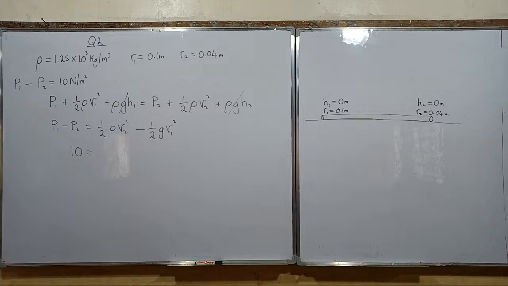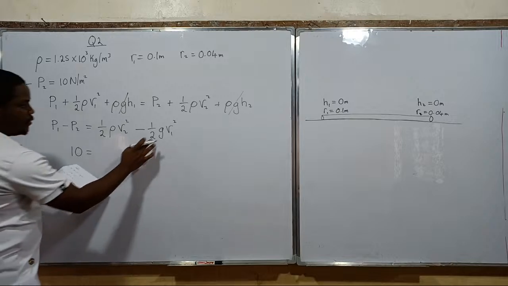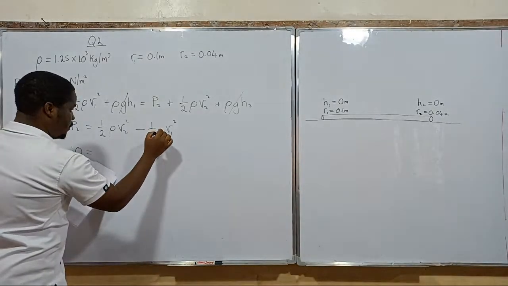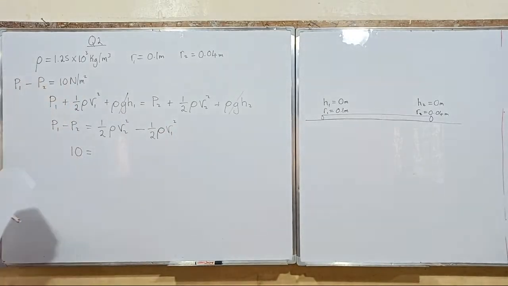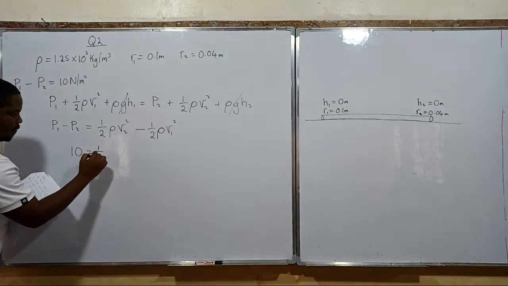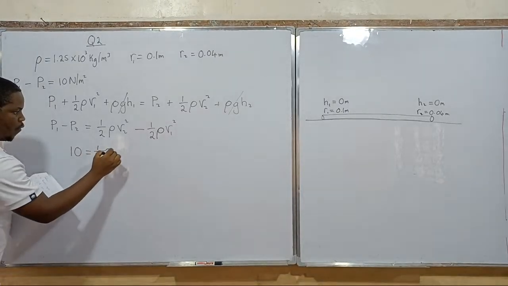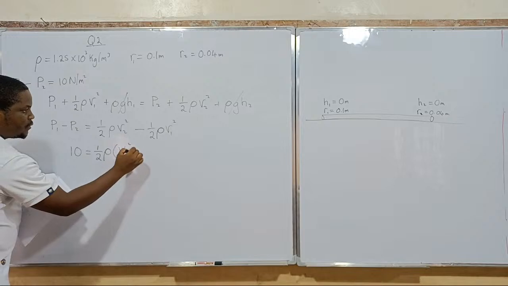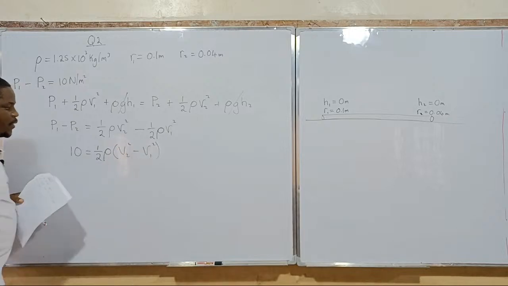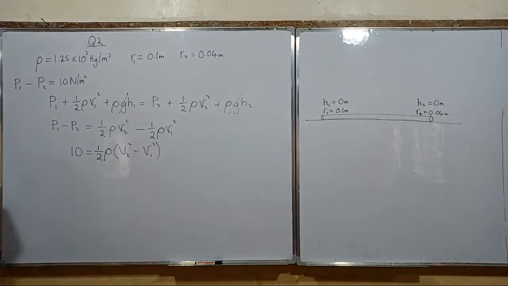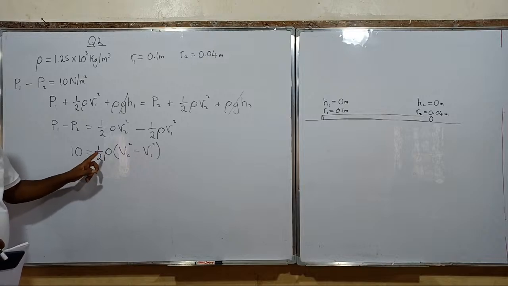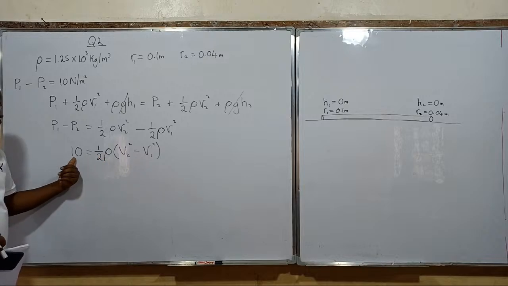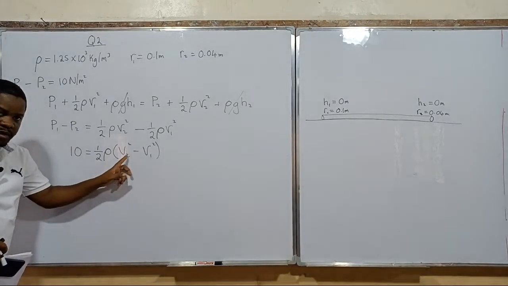So 10 will be equal to, we can factor out, something is wrong. This is not G, this is rho. We can factor out what is common, which is half and rho. What remains? V2 squared minus V1 squared. We've been given the value of rho, by the way. This is what I want you to do. Multiply half times rho, then divide both sides. So you divide by 10 on this side, and on this side we just have V2 squared minus V1 squared.